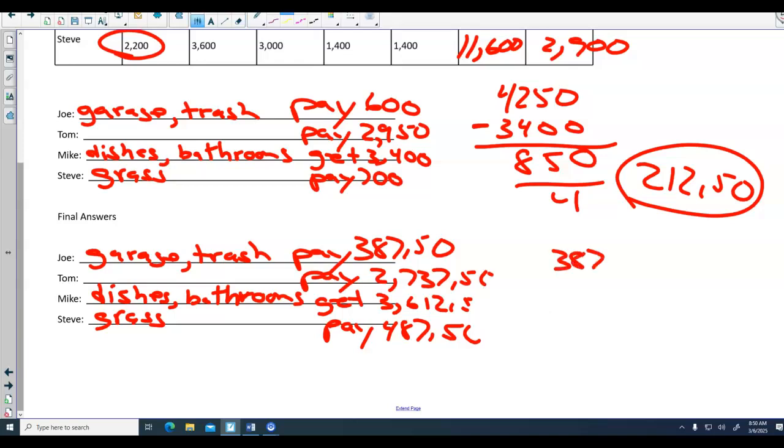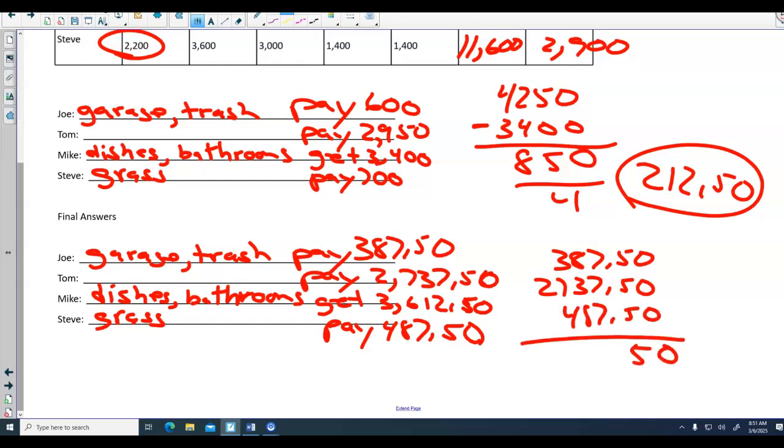$387.50. $2,737.50. $487.50. 0, 50, or 15.